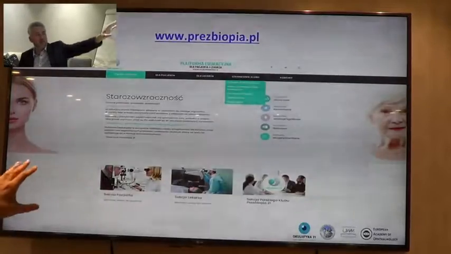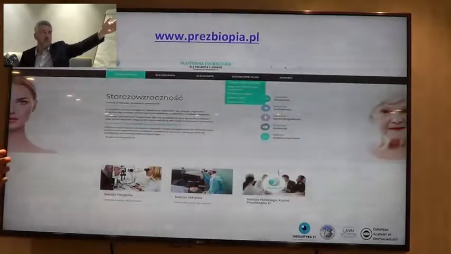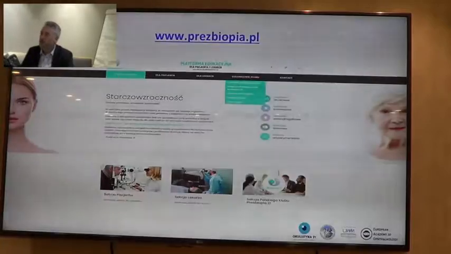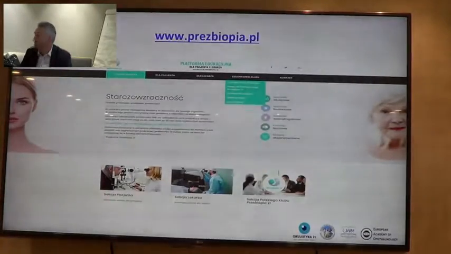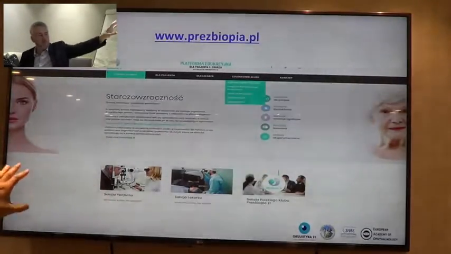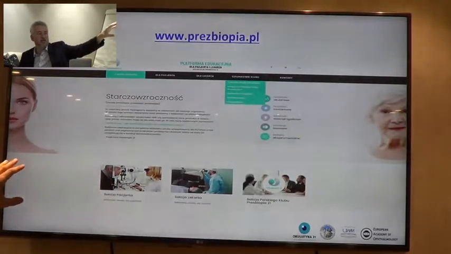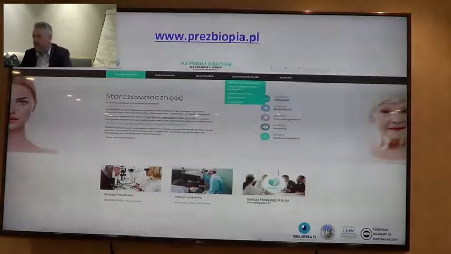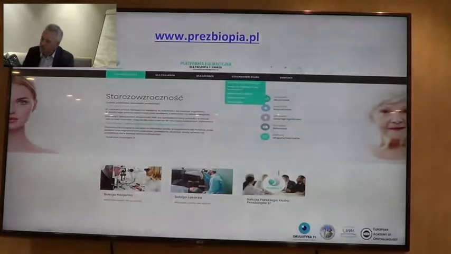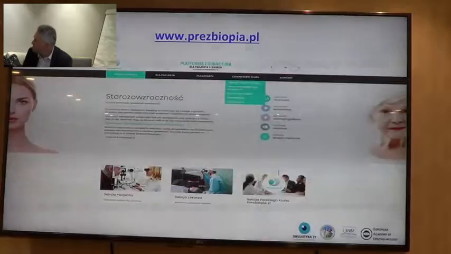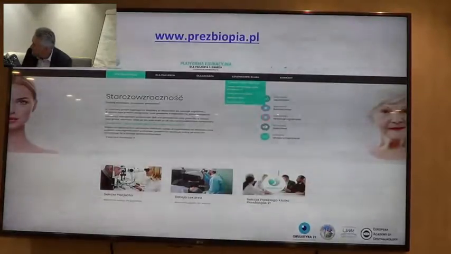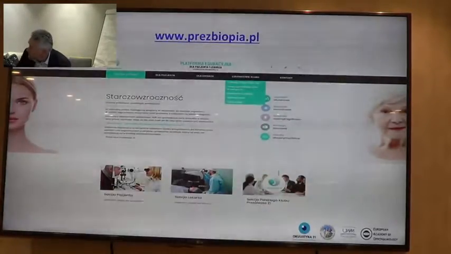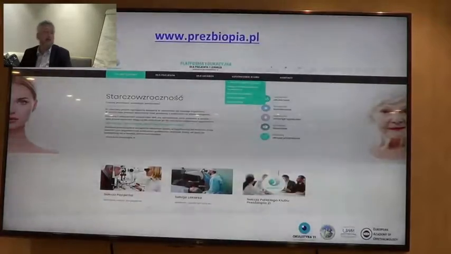As you see, we will have a patient section, of course in Polish, because this platform will be for Polish citizens, obviously, and a section for doctors, because we still see that many doctors, at least in Poland, do not know much about the different presbyopia strategies, what we can propose to the patient, what can be done.